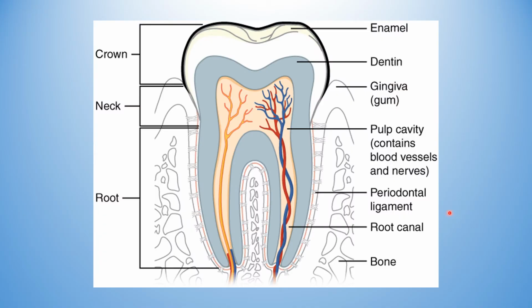That's part of the ligament that's helping to hold it in place. So this is showing once again, the crown is above the gum line, the root's below it. Here's the pulp cavity that has those nerves and blood vessels in it, and then the enamel. Part of the problem from a dentist's standpoint is that a lot of foods, especially very acidic foods, tend to wear down this enamel.